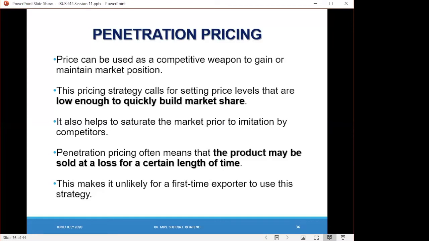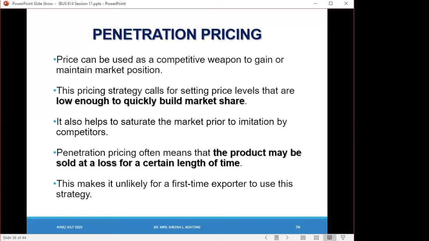With this strategy, they can saturate the market quickly before any imitators come in to copy what they are doing, because it is at a price almost everybody in their target market segment can afford. This builds market share faster than selling at a higher price, which would limit the number of people who could afford and buy the product.